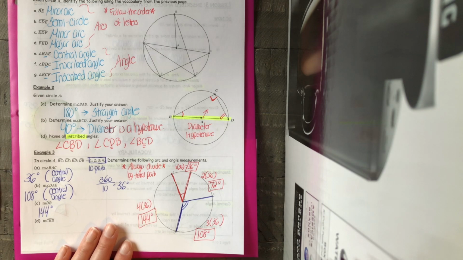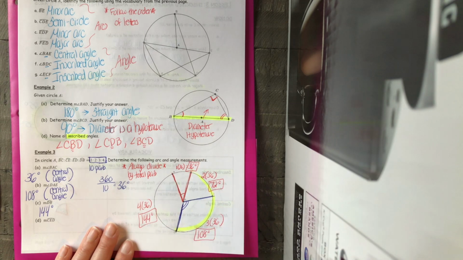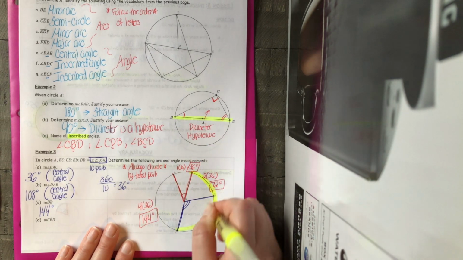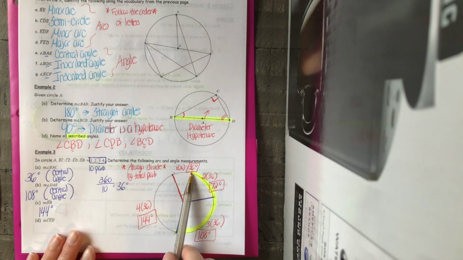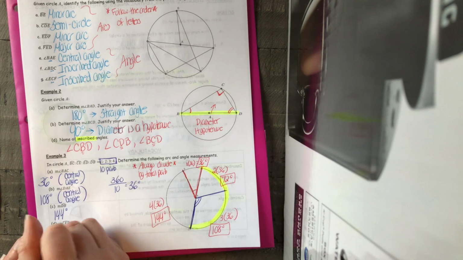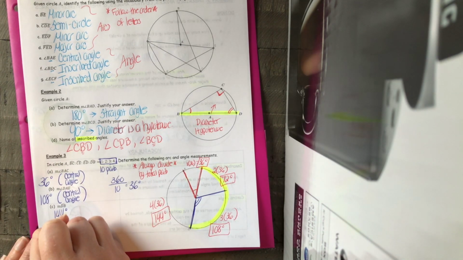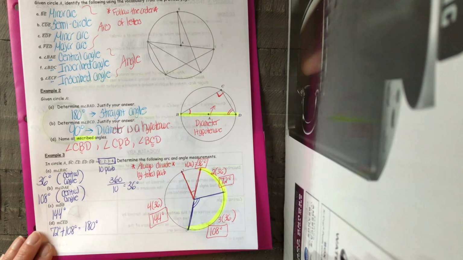So I want to get this whole section of the circle. Well, I can see here that I'm hitting my 72 degree arc and my 108 degree arc. So if I add my 72 and my 108, I get an answer of 180 degrees.